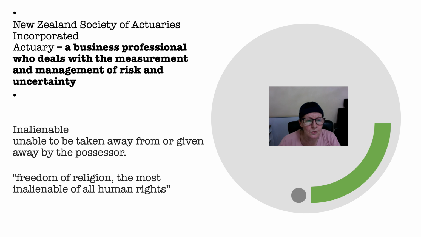And then I went to look at what is the meaning of an actuary. An actuary incorporated. An actuary is a business professional who deals with the measurement and management of risk and uncertainty. And so when people want to come into Commonwealth countries, they look at the inalienable rights. They look at the freedom of religion. They look at the rights which each religion has.